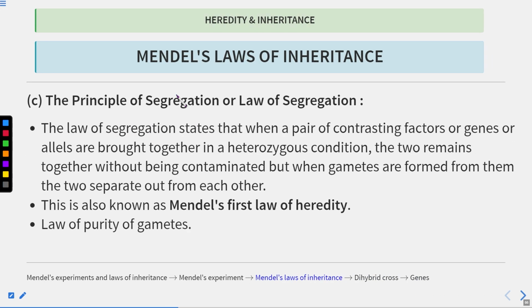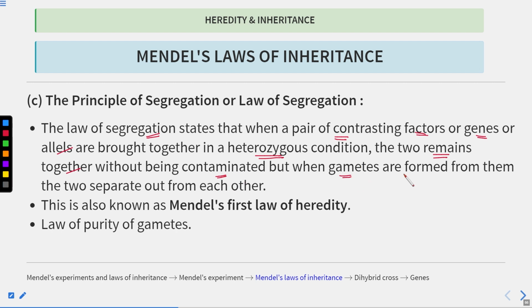Now let's talk about the law of segregation, also known as the principle of segregation. This law states that when a pair of contrasting factors, also known as genes or alleles, are brought together in a heterozygous condition, the two remain together without being contaminated.